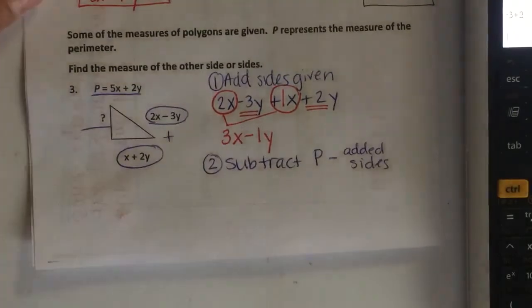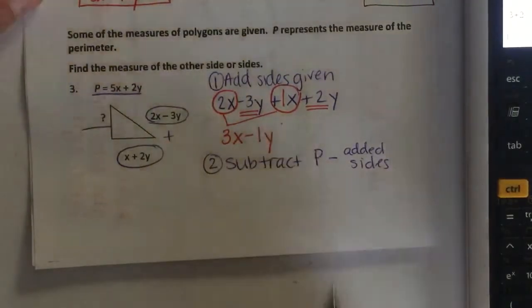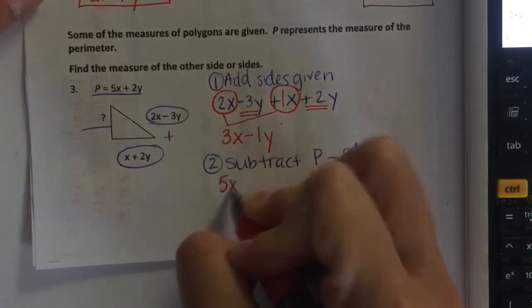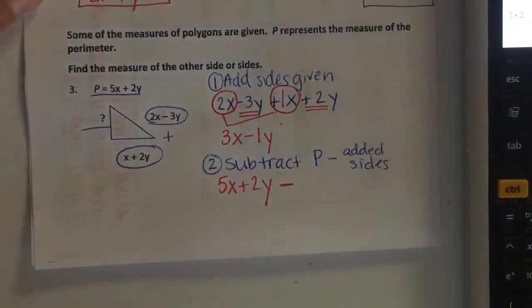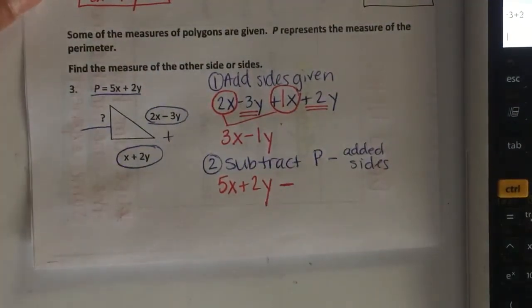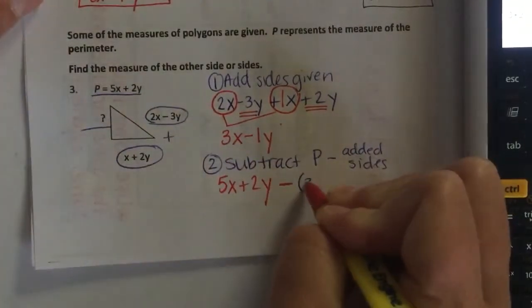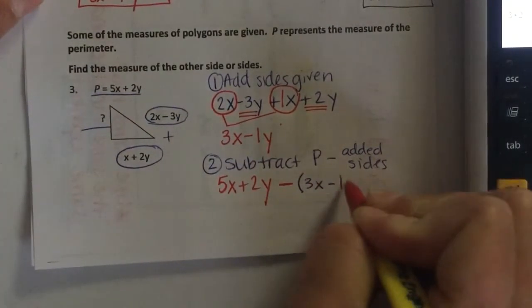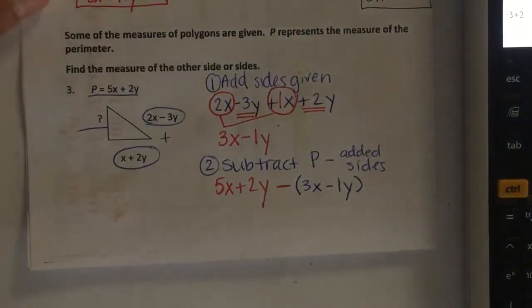So the perimeter is given to you, 5x plus 2y. Perimeter goes first, 5x plus 2y. Minus, now in parentheses, you're going to put in 3x minus 1y. You have to use parentheses in order to distribute correctly.